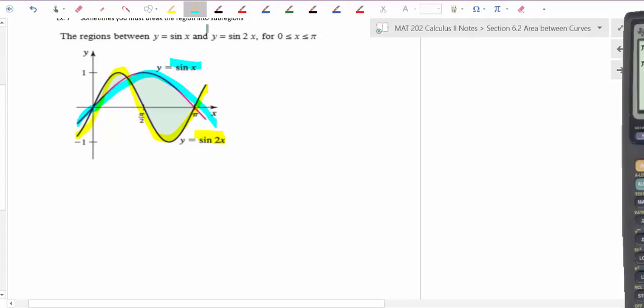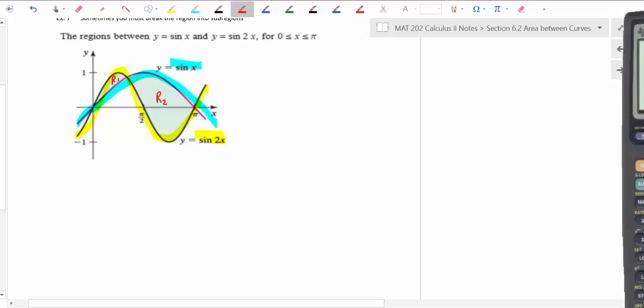So those are the two curves. We do have two regions that we have to do. In this region right here, I'll call that region 1, the sine of 2x is on top of the sine of x. And then in this region here, it changes, so the sine of x is the curve that's on top of sine of 2x for every point in that region.